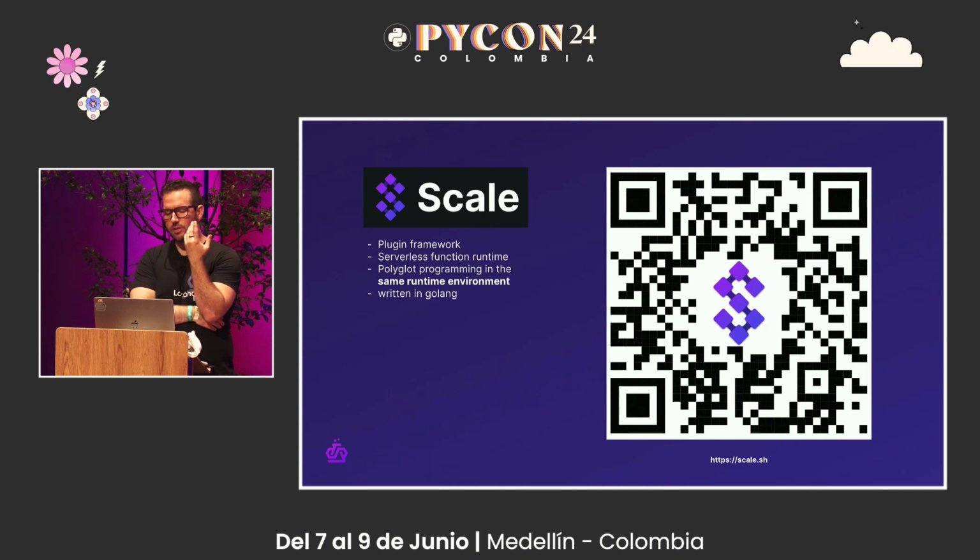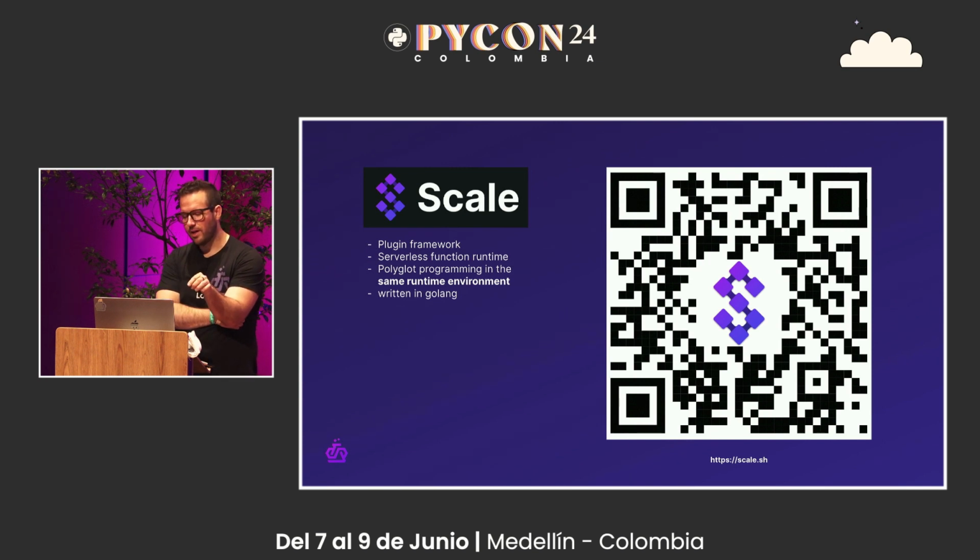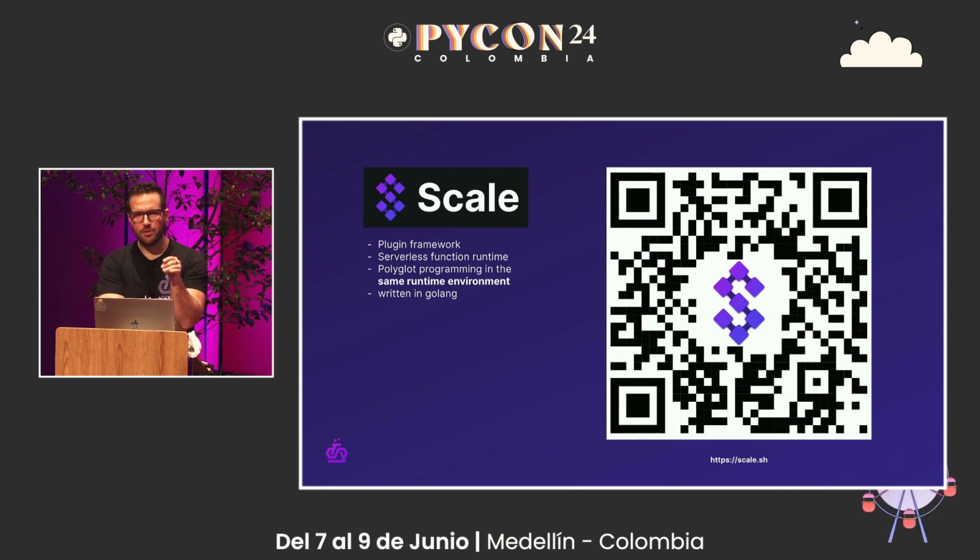So using the Scale framework, we took Rust's regex library, compiled it with Scale to WebAssembly, and ran that inside Golang, and we saw that the regex library was 4 times faster than Go's native code, right?